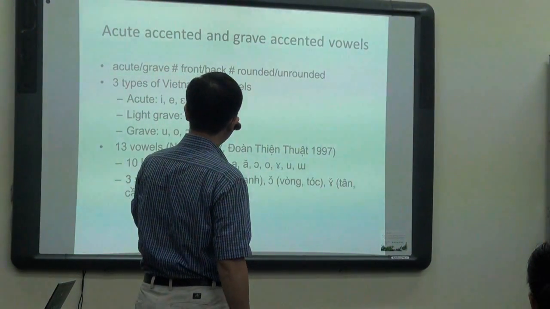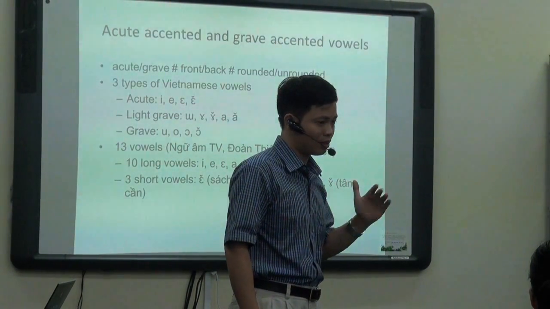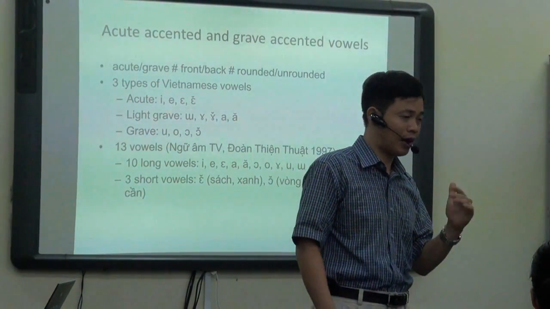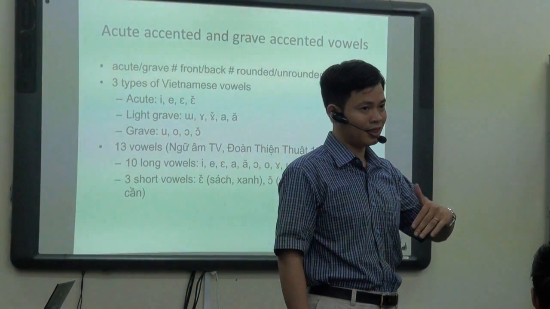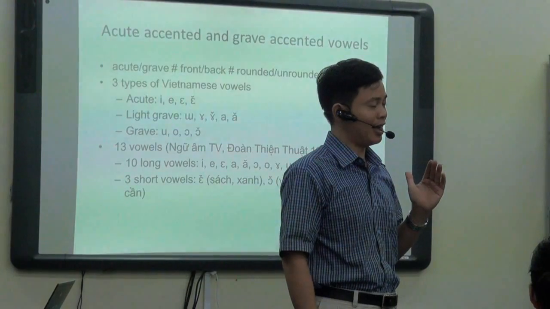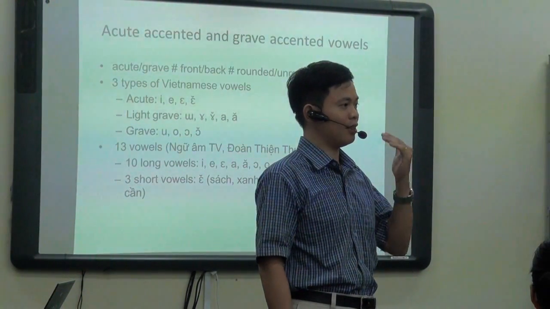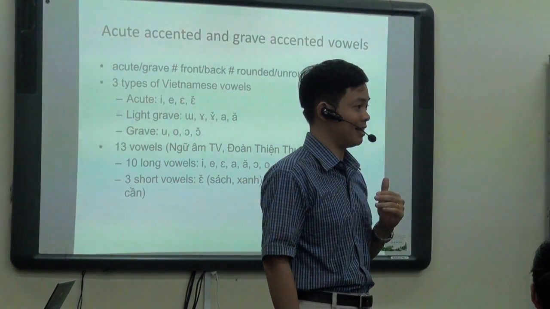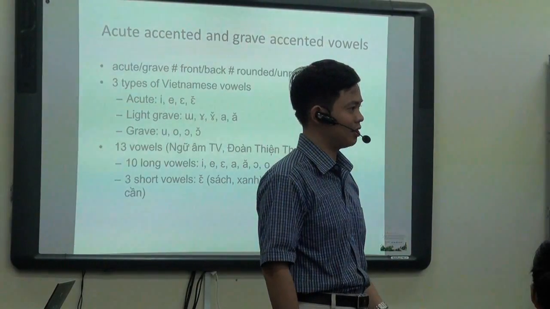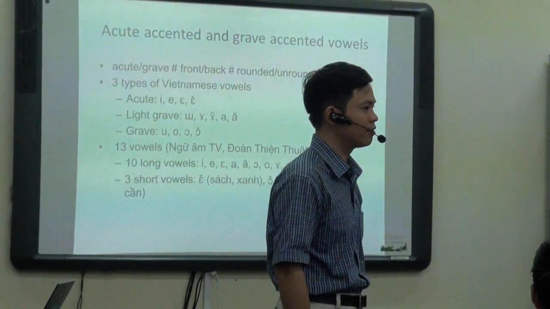Now, we have acute sound and grave sound, for your reference. Grave vowels mean chậm, and acute vowels mean bổng. The pitch of the sound is raised when it's acute, and lowered when it's grave.